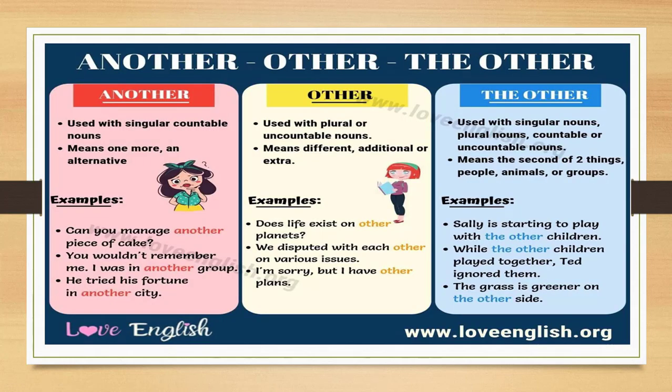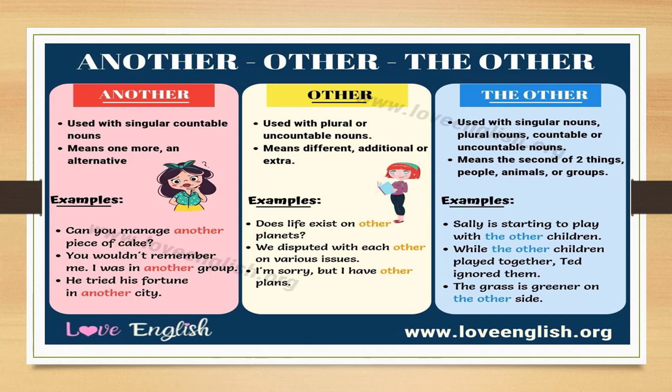Another, other, and the other. We use another with singular countable nouns. It means one more, an alternative. For example, can you manage another piece of cake? Other. Other is used with plural or uncountable nouns.